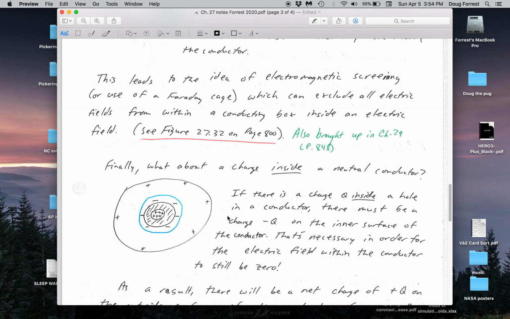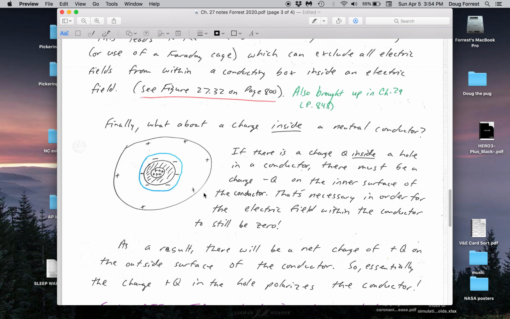So what about a charge inside a neutral conductor? Let's say that we've got charge here that's a net positive charge. These diagonal lines are showing empty space. And this area here is a neutral conductor, so it has no net charge on it. So if you notice, I've got 6 positives on the outside, but there's 6 negatives on the inside surface of this.